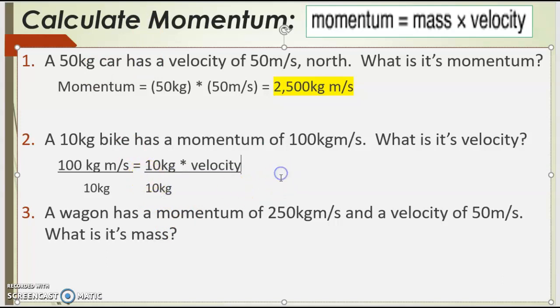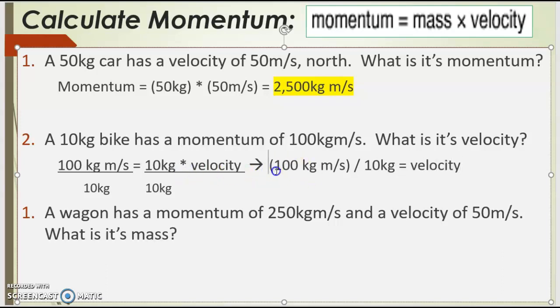And then what we end up with is just the 100, and I'm going to use parentheses here: the 100 kilogram meters per second divided by the 10 kilograms, which is equal to velocity.